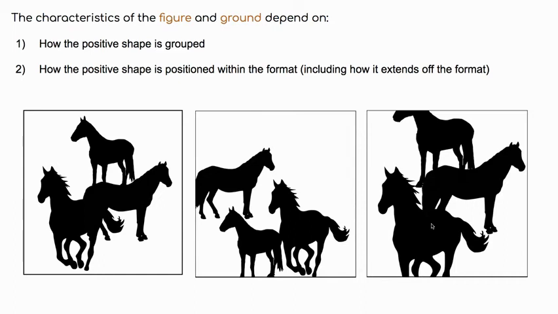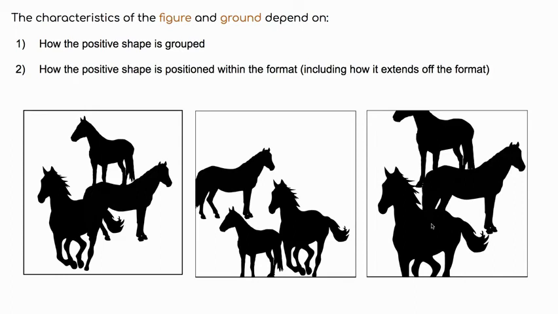So keep in mind that the figure ground and their characteristics are all determined by the specific grouping of the positive shape. So the horses in the first example on the far left are grouped differently than they are in the center.